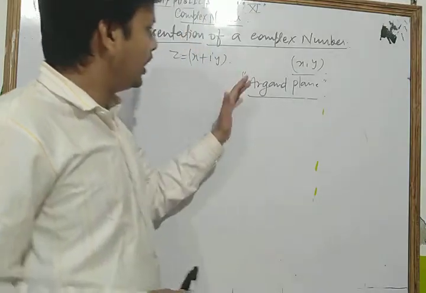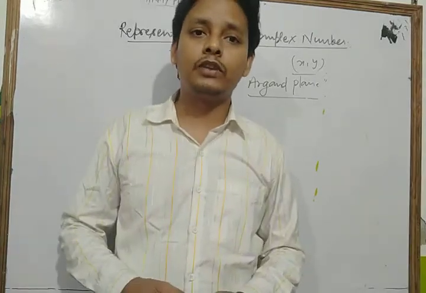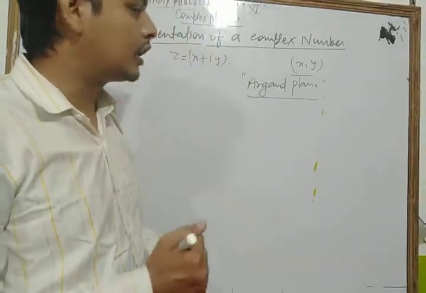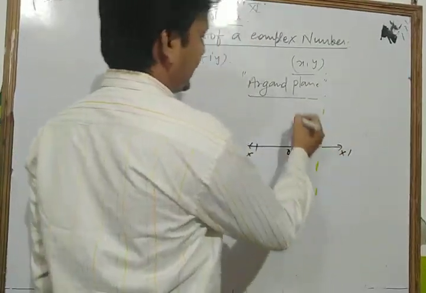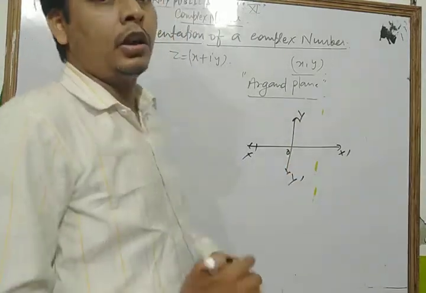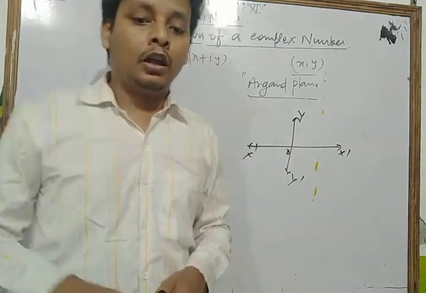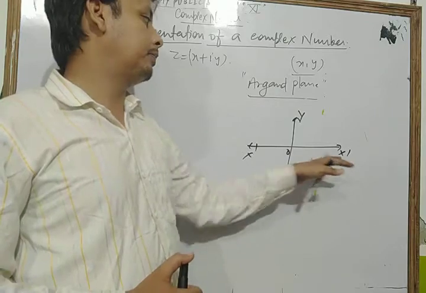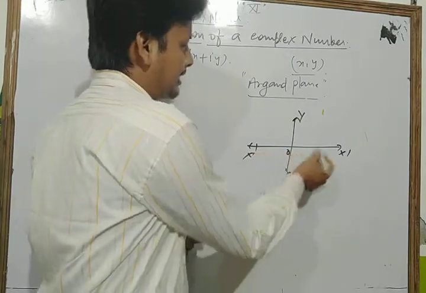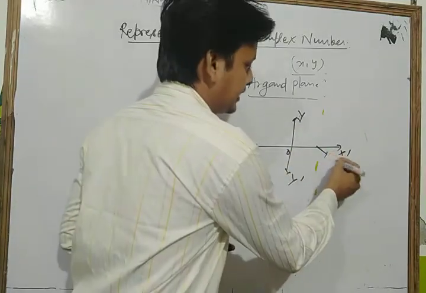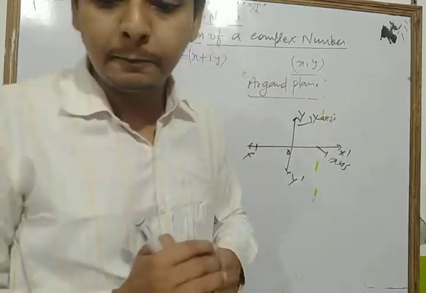Now, to represent any complex number z is equal to x plus iy geometrically, first we draw two perpendicular lines as X'OX and YOY', called the x axis and the y axis.